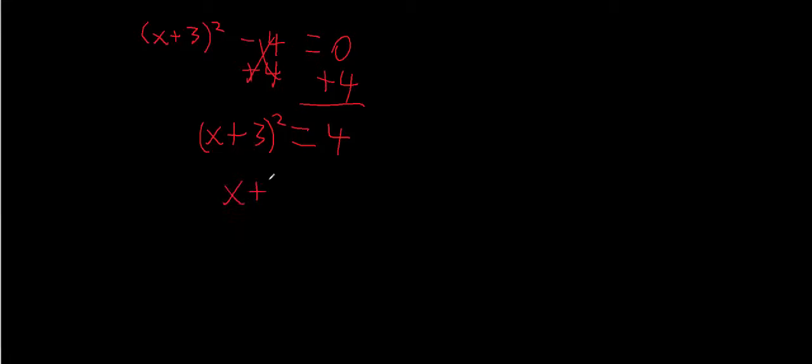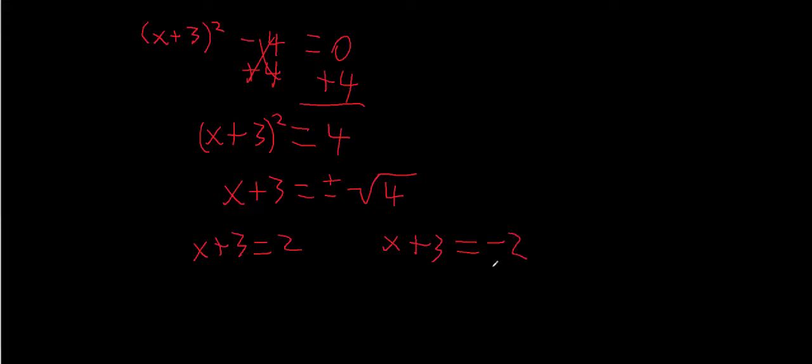So x plus 3 is equal to the positive or negative square root of 4, like that. So we would have x plus 3 equals 2, or x plus 3 equals -2. We would subtract 3 from this one and get -1.